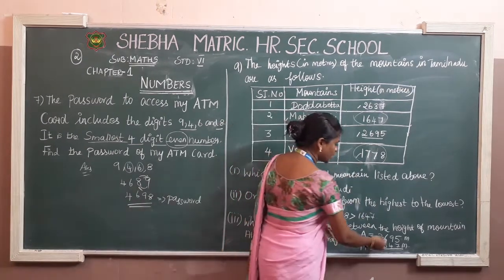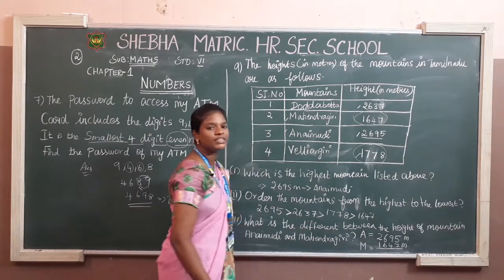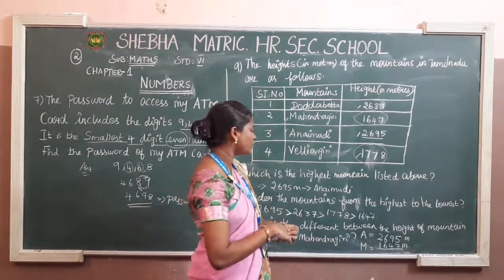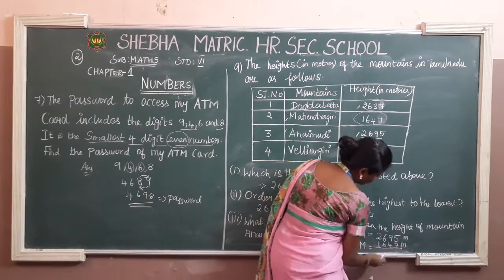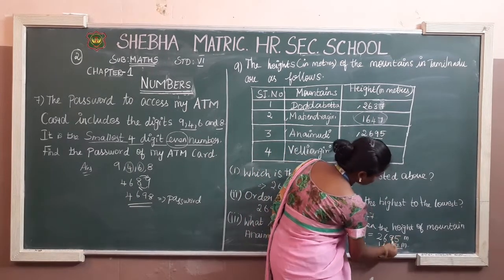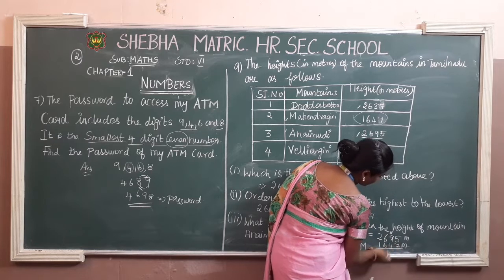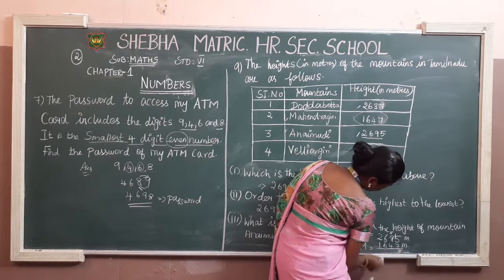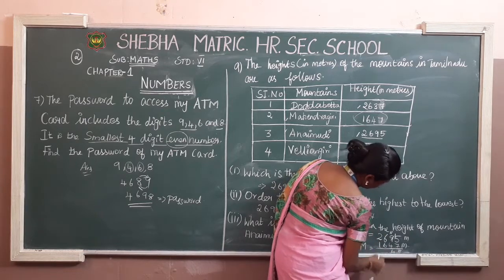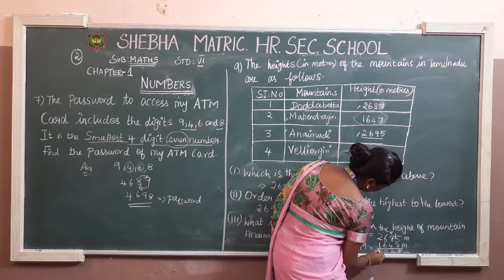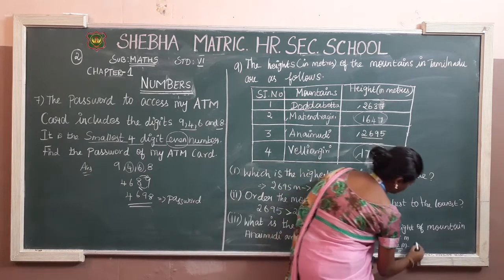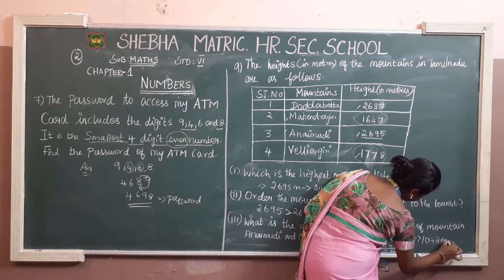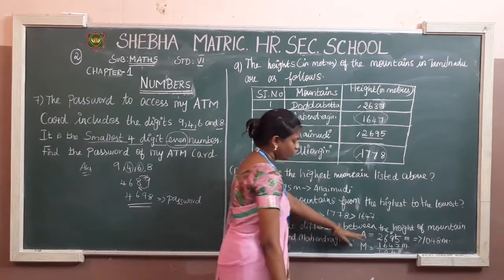Difference between means we subtract the numbers. Borrowing, 9 becomes 8, and 15 minus 7 is 8. 8 minus 4 is 4. 6 minus 6 is 0, and 2 minus 1 is 1. So the value is 1048 meters.